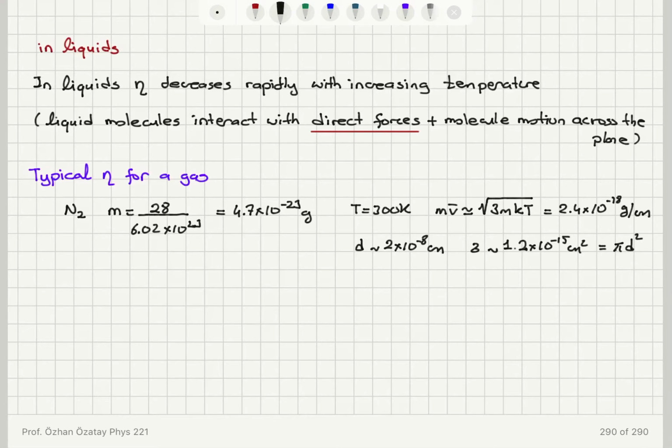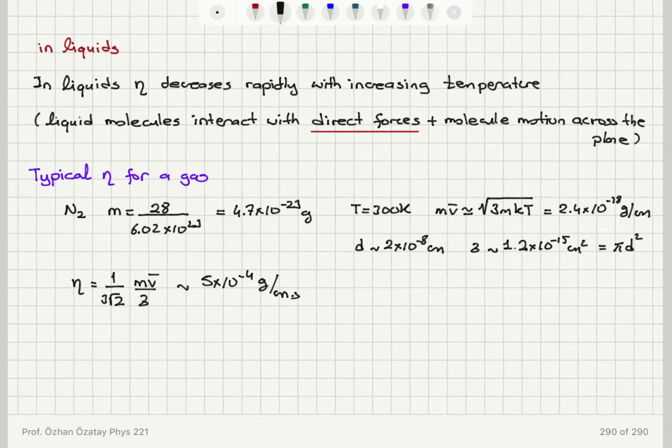So we can basically see that the coefficient of viscosity is 1 over 3 square root 2 mv bar divided by the total scattering cross section, and this gives us 5 × 10^-4 grams per centimeter second.